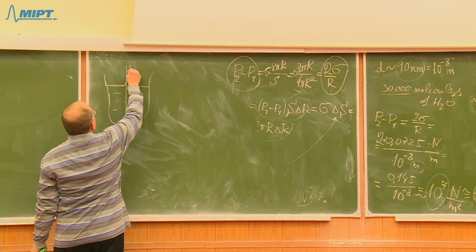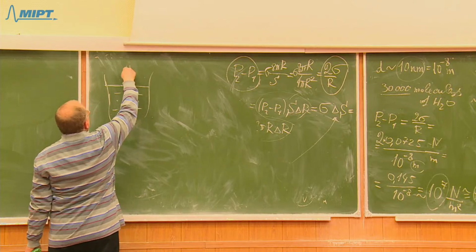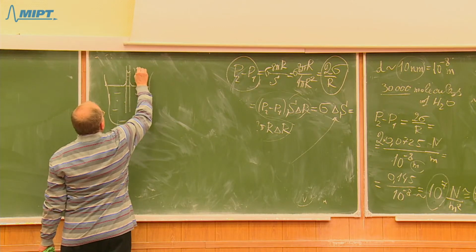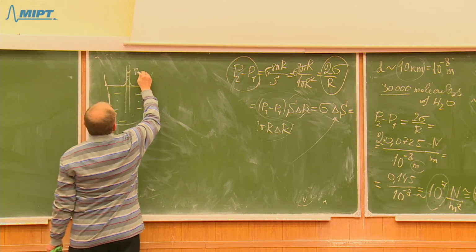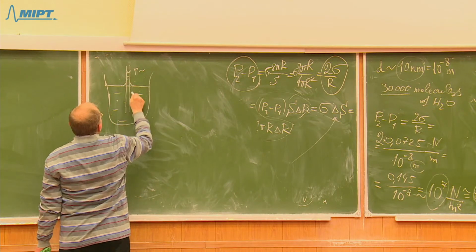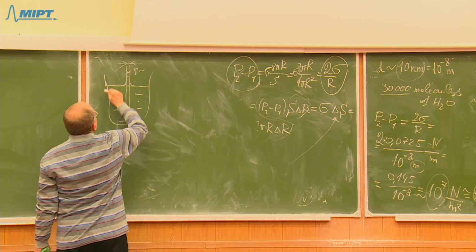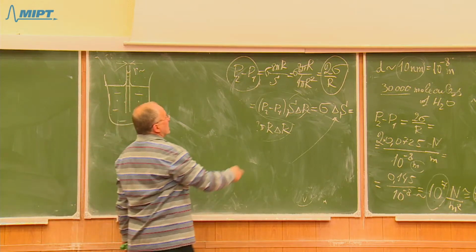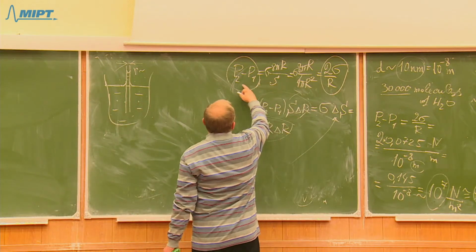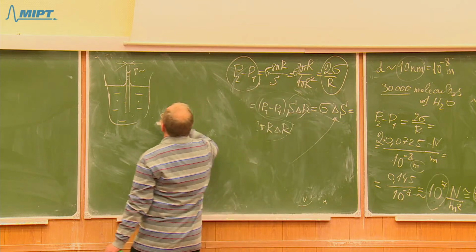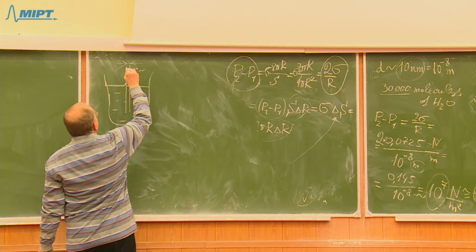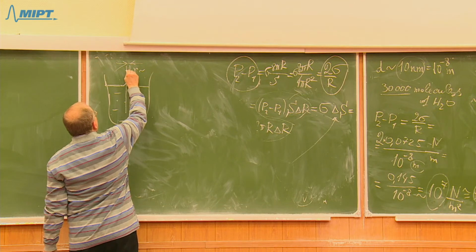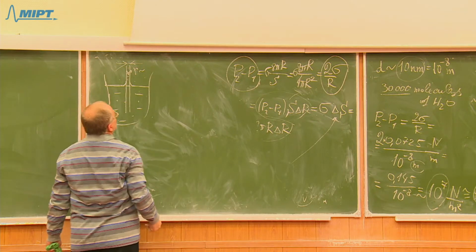So water will go up due to molecular forces acting between water and the glass. And so here will be the radius of this spherical surface. The radius of this spherical surface will be approximately equal to the radius of this tube. And this radius defines the pressure difference in the atmosphere and just in water below this curved surface.